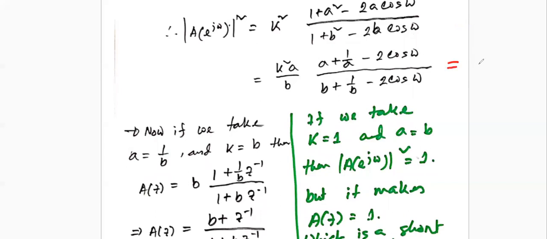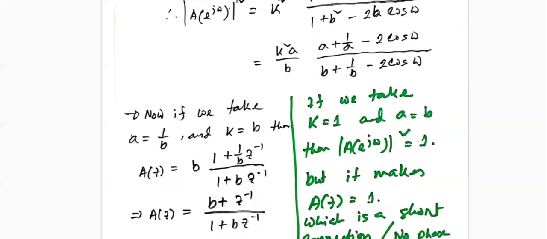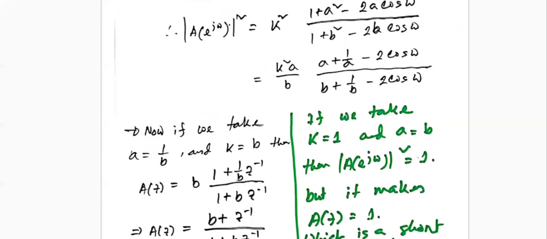Of course, this output should be 1. This is not a one-to-one function, so you can choose different values for making it 1. For example, if we take a equal to k equal to 1, let k equal 1.